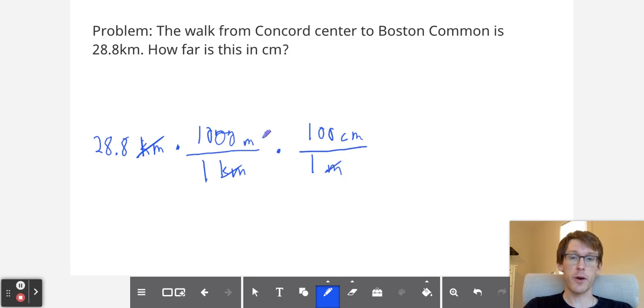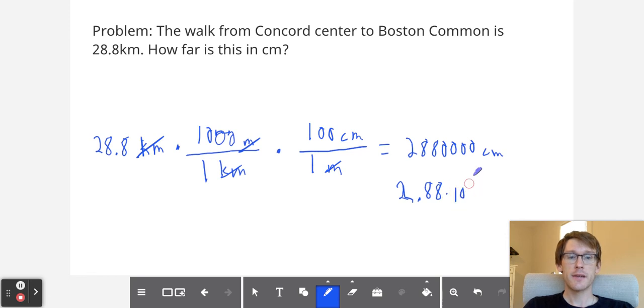That would be fine as well from the previous slide we saw. But anyway, this comes out to, if I do the calculation, 2,880,000 centimeters, or 2.88 times 10 to the 6th centimeters.